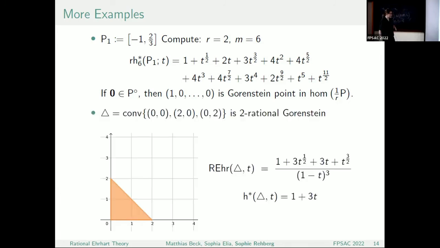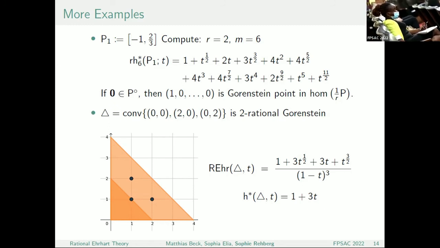Okay, here's the second example you might recognize from a couple of slides before, which is this triangle, but now slightly bigger, from 0 to 2. And this is actually rational Gorenstein. Now you can see this in this RH star polynomial here, but it is not in the classical world, because if I dilate this polytope by an integer dilate, I already get 3 interior lattice points. But there is some dilate that contains a unique interior lattice point, which in this case is, I think, 3/2, right?